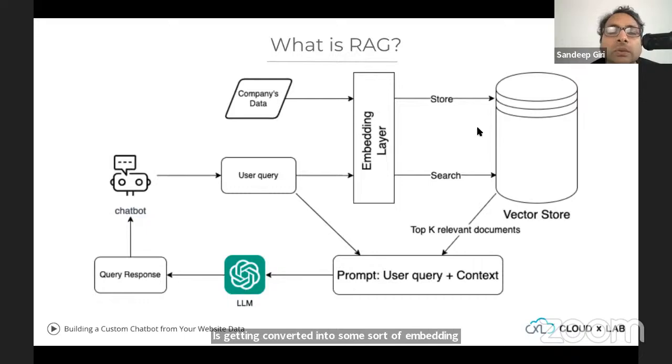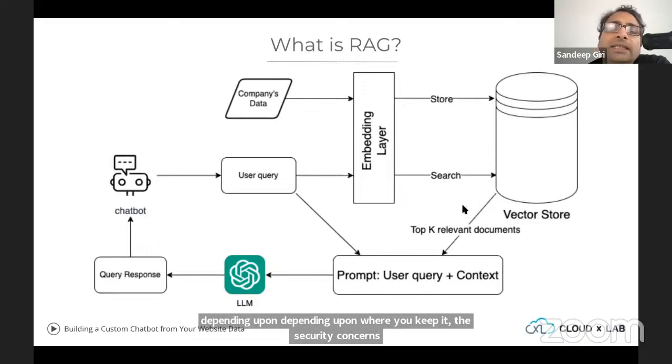This vector store can be on third-party systems such as Pinecone, on a dedicated server in your own cloud, or inside your own system. Depending upon where you keep it, the security concerns will differ.